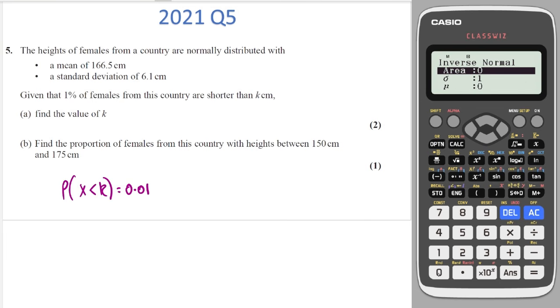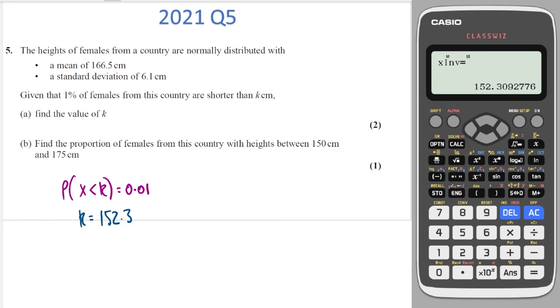The area we're looking at is 0.01, and the sigma value is 6.1, and the mu value is like that, and this tells you the answer, which is k is equal to 152.3.